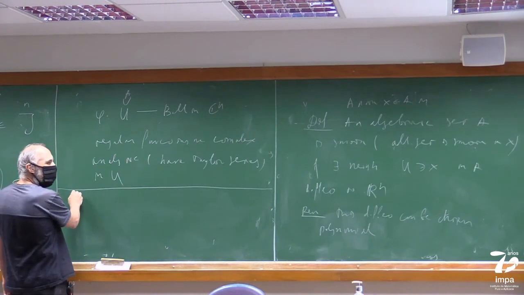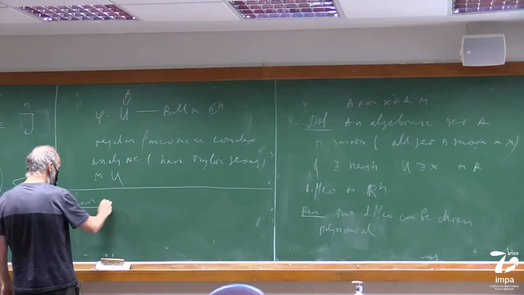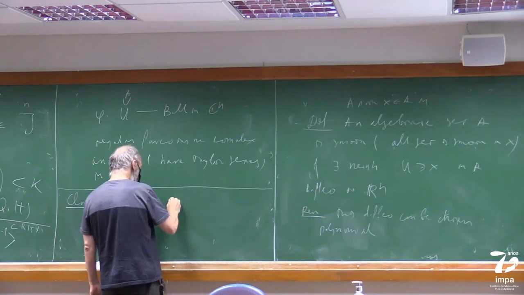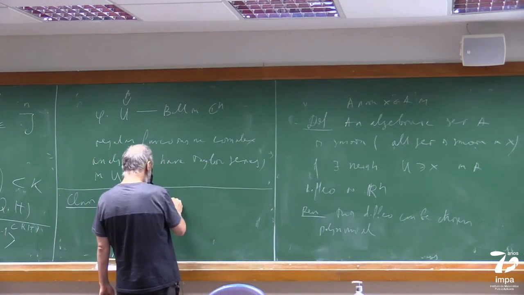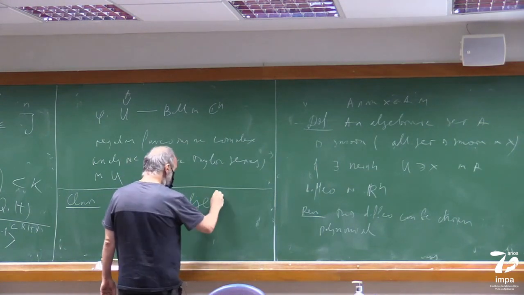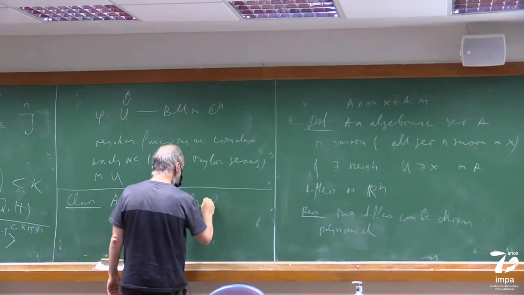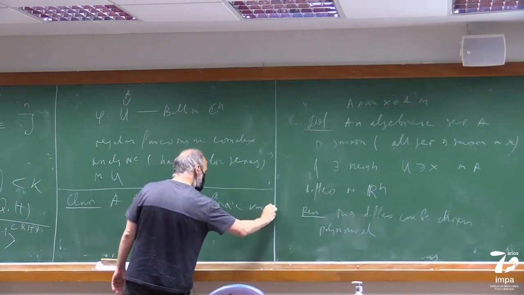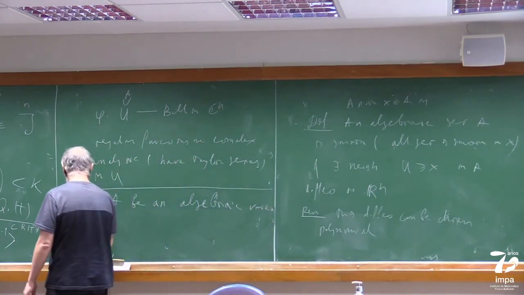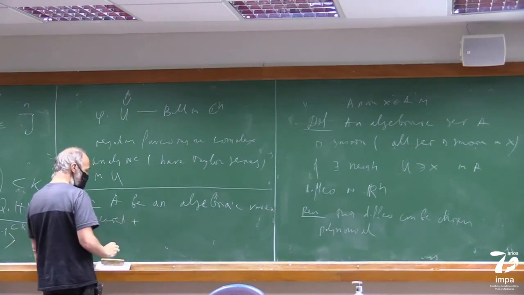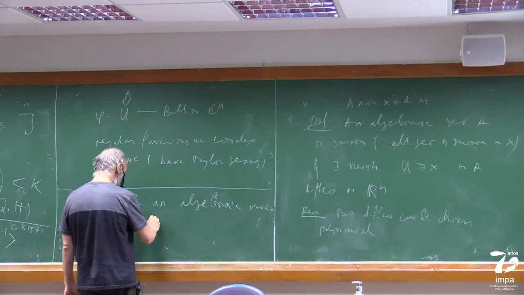So, claim: let A be an algebraic variety which is connected and smooth.